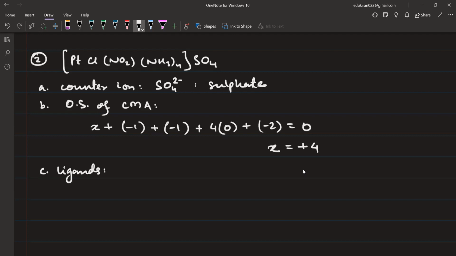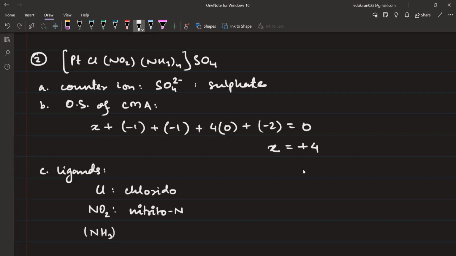So in ligands, what do we have? We have Cl. So for Cl, we have chlorido. Then we have NO2. Now please remember, if it is NO2, it will be nitrito-N. Right, guys? Yes or no? Yes, sir. Then we have NH3.